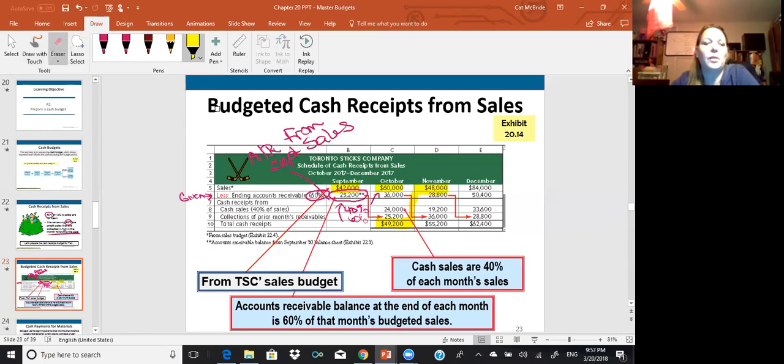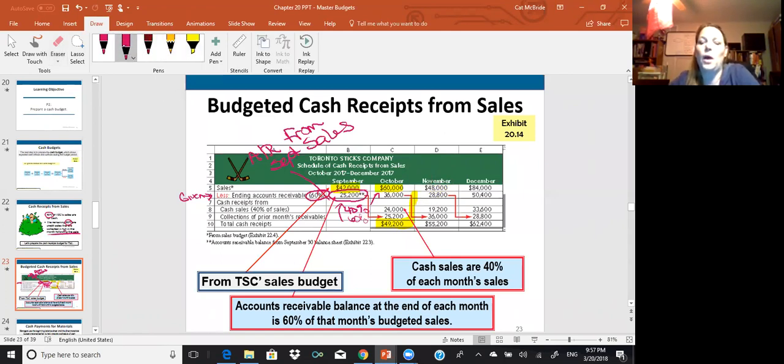Why doesn't my eraser like me? Oh, I have to hold it there. That's different.